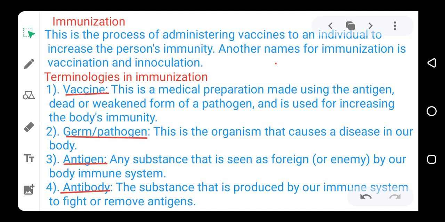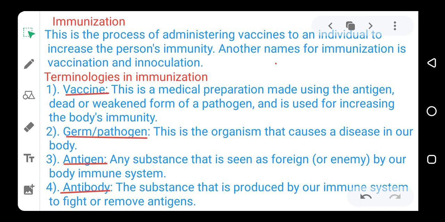Like now that we have coronavirus, the vaccine for coronavirus is going to be the antigen of coronavirus. That is that substance that is produced by coronavirus that causes the disease, which we call COVID-19.